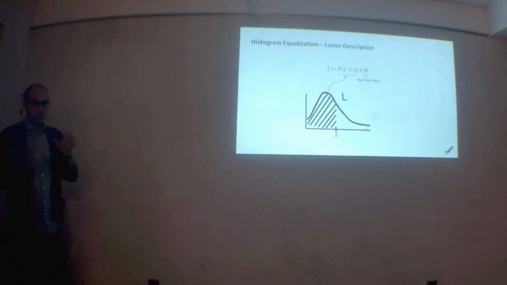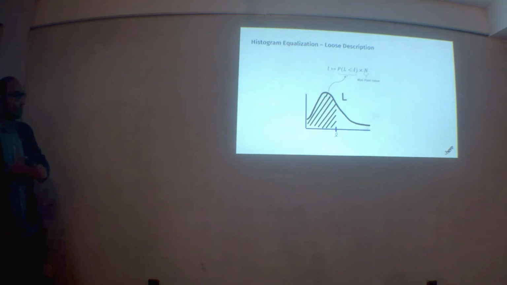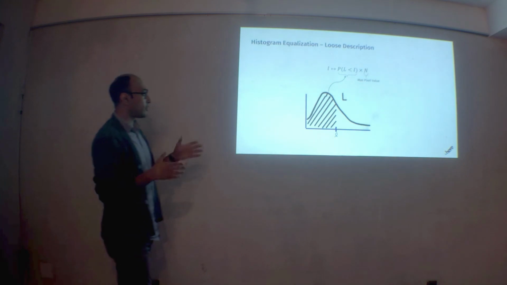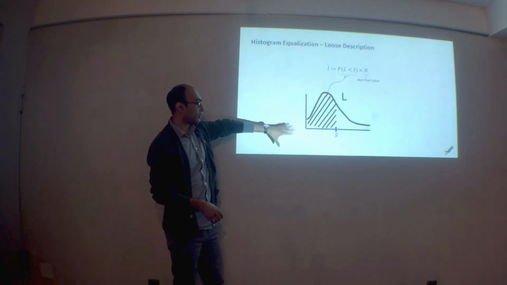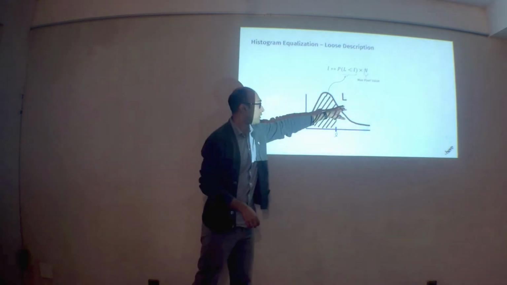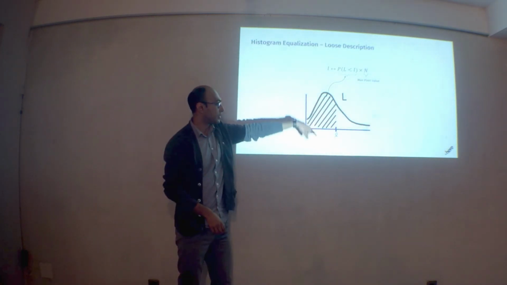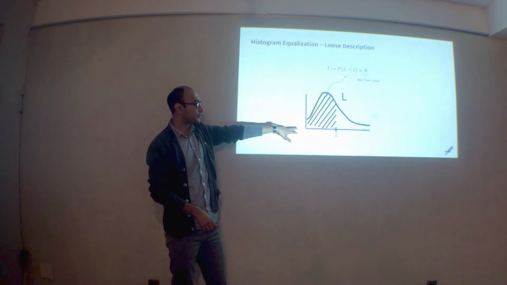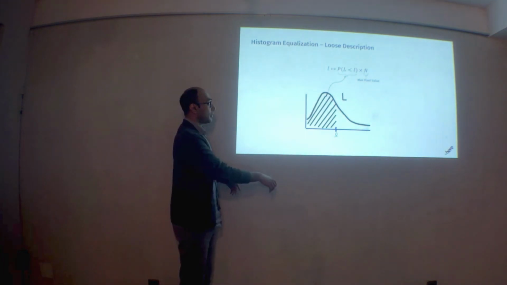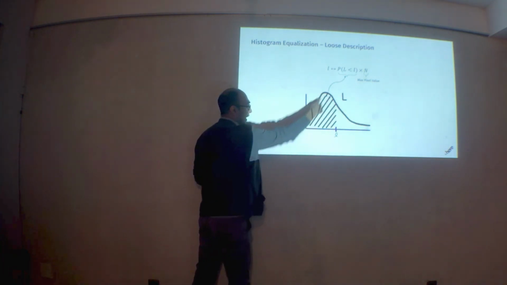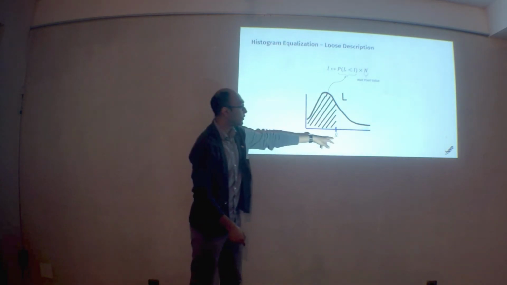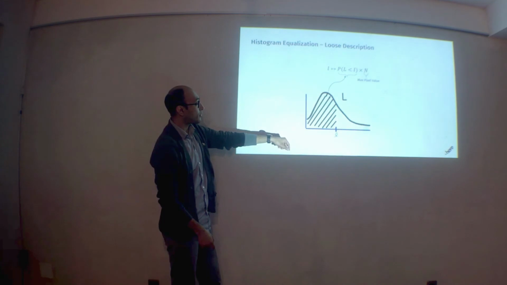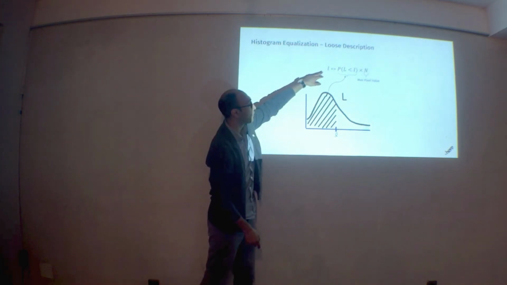So with regard to our histograms, this is sort of a heuristic diagram, it's not meant to be literal. We have the luminance level, and this is, say, the histogram of the raw data. What we're going to do is sum up the area up to some luminance level, or pixel value.